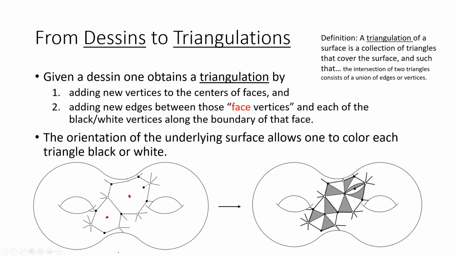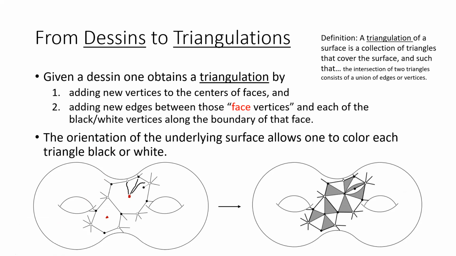I'll draw that in red at the center of each face. Remember, a dessin is an embedding of a bipartite graph into a surface such that the complement of the image is a disjoint union of topological disks. Now I just put in red vertices at some interior point of each topological disk. Then I need to add edges between these face vertices and each of the black and white vertices on the boundary of this face.